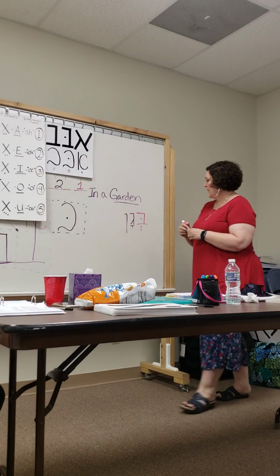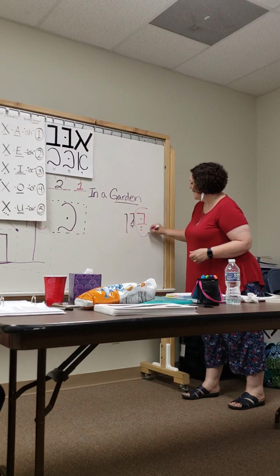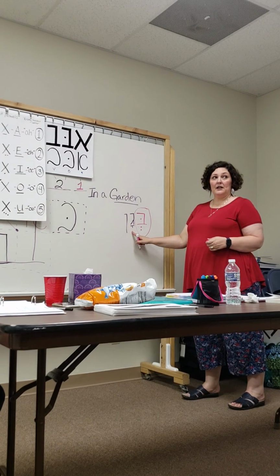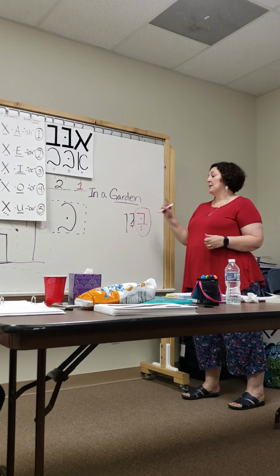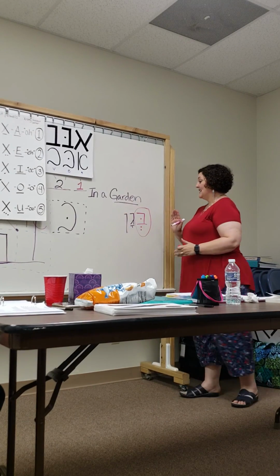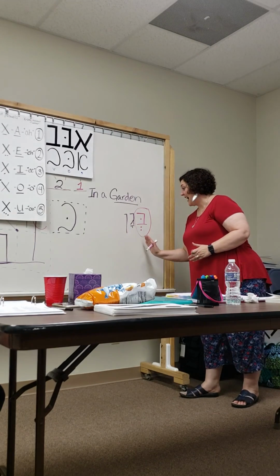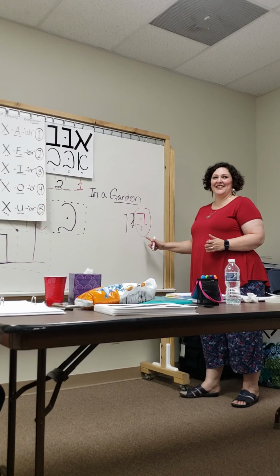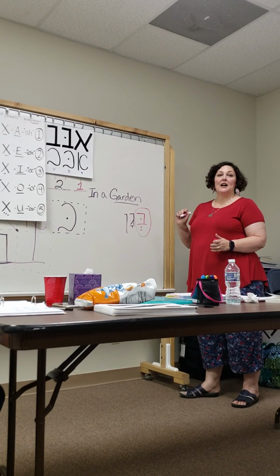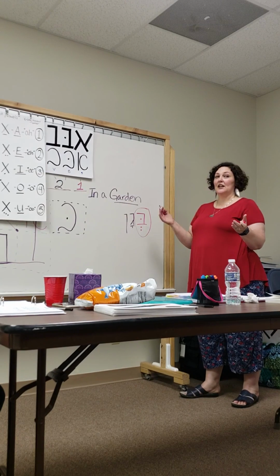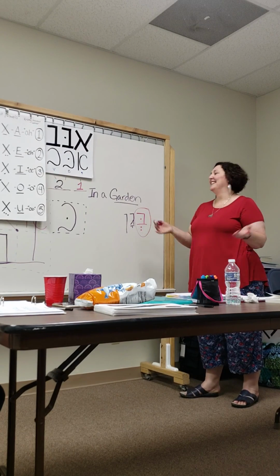So this is a prefix attached to the word. Everybody know what a prefix is? So this right here in English is in a garden, and we need 3 words to say what they say in Hebrew. Began. So if I said, where's David? They'd say began, and they're still not telling me where he is because he's in some garden somewhere.